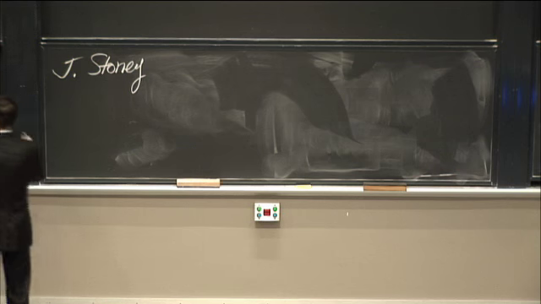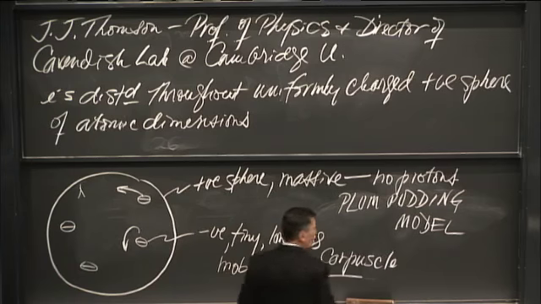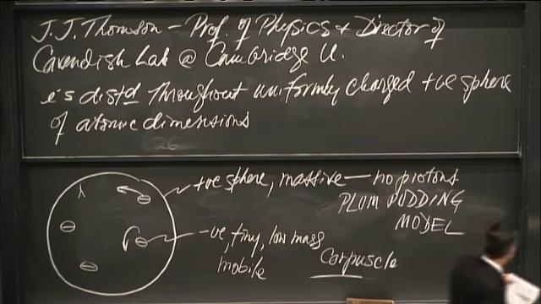While I think Thomson was a brilliant man, I wasn't crazy about his literary choices. It was Stoney who said, let's call it the electron, coming from the Greek term Electra, which is the Greek word for amber. If you rub amber, you'll build up static charge. So that's where we got the electron from.